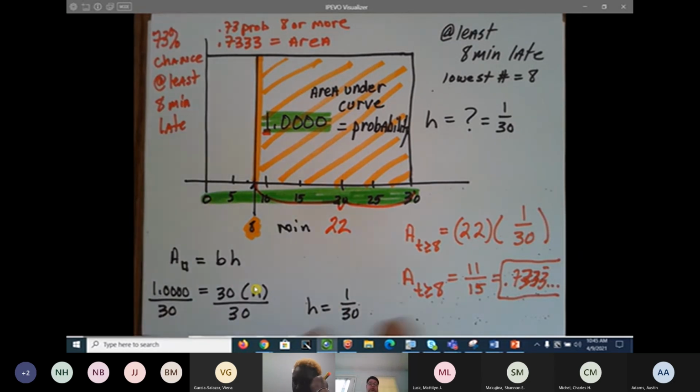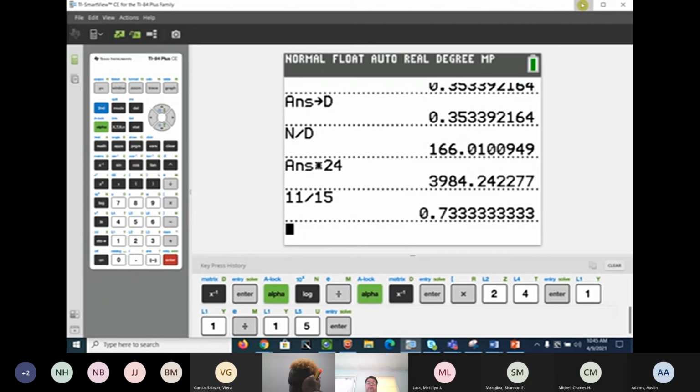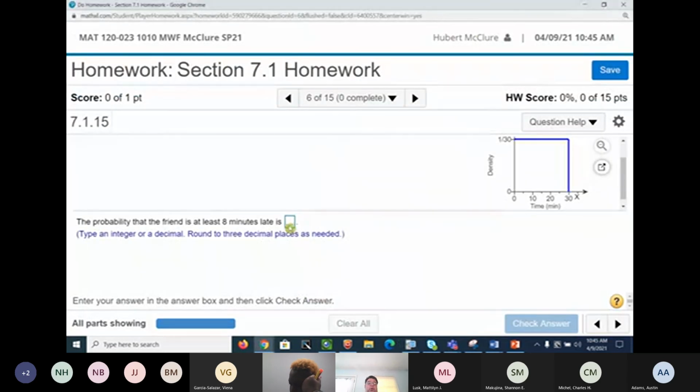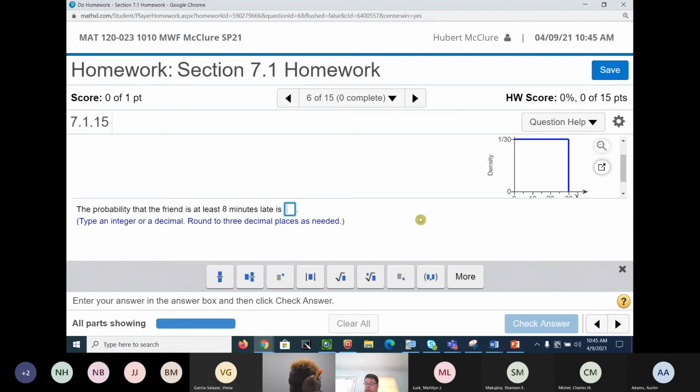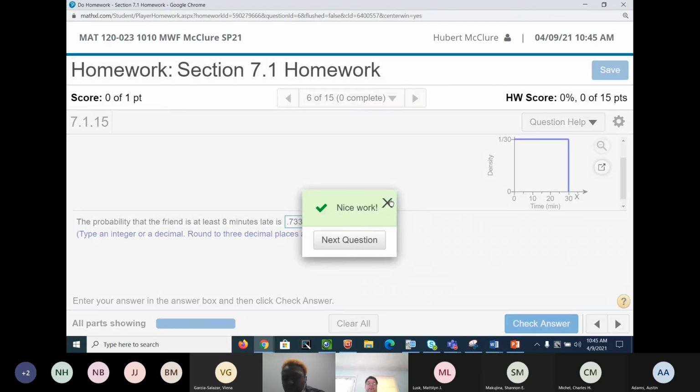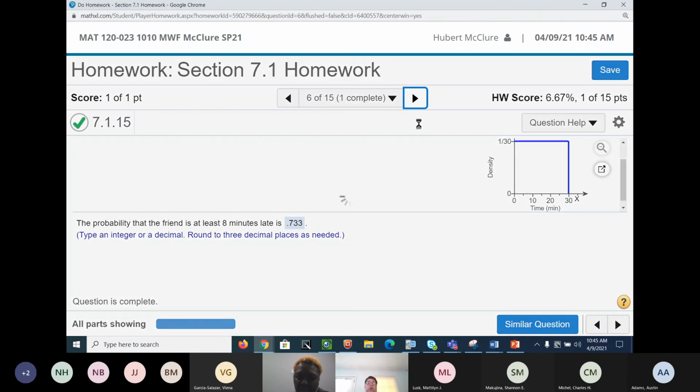Any other questions on this one? All right, so let's type in our answer and let's see what we get. Round to 3 decimal places, 0.7333 or 73. Yay! All right.